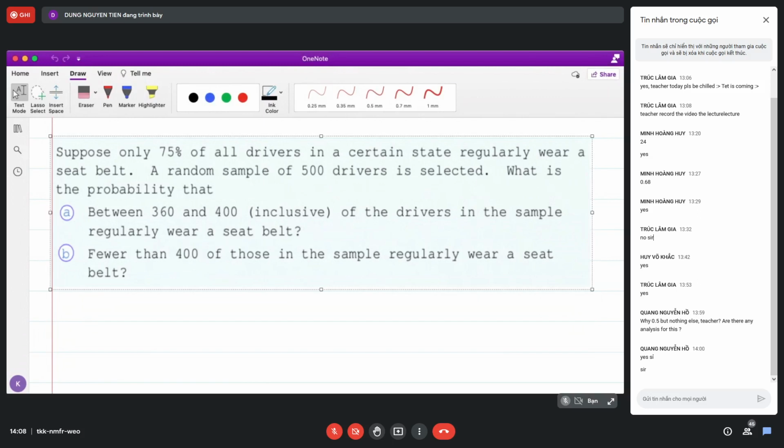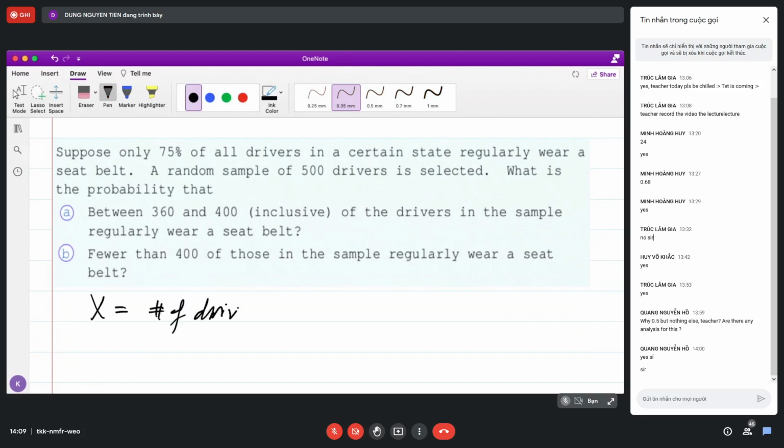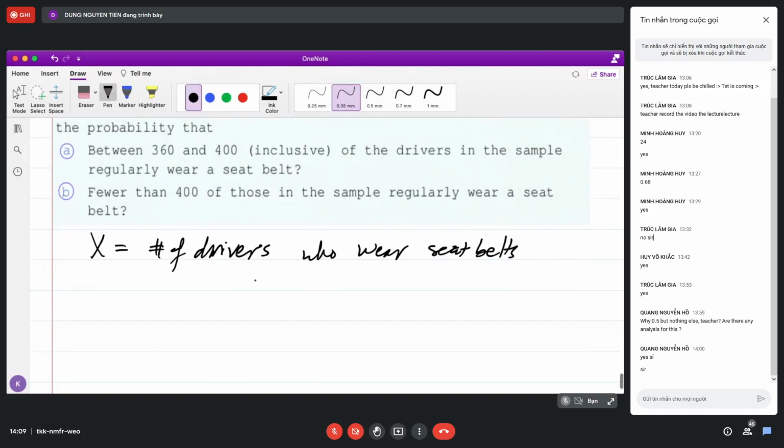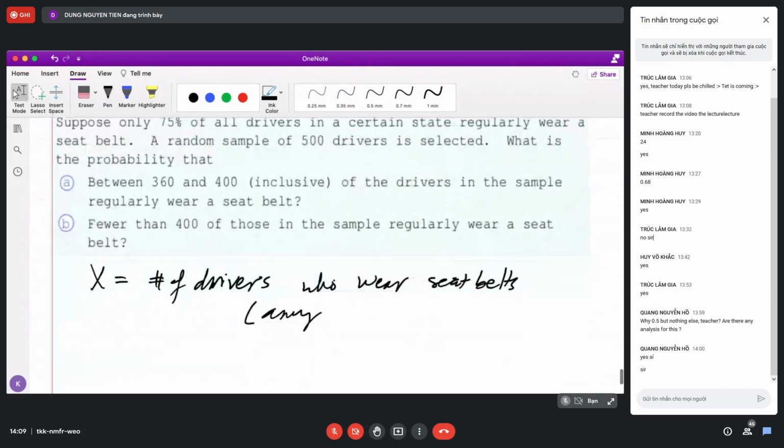Well, in fact, in this case, say X is the number of drivers who wear seatbelts, of course, among 500 drivers.